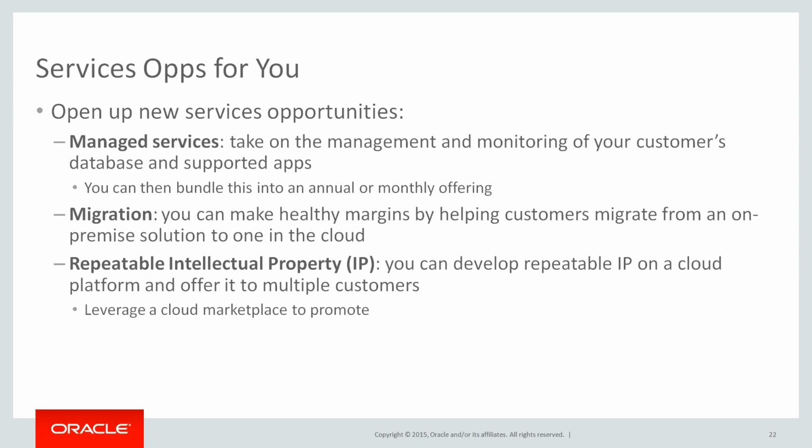By developing these tools on top of that cloud platform, you can find something that works and is repeatable and offer it to multiple customers. And a lot of times, most cloud platforms have their own marketplace for partners or companies to promote these solutions. With Oracle, we have the Oracle Cloud Marketplace. Check it out if you have a chance. But again, pretty much all the cloud platforms out there have their own marketplace to promote these IP products.